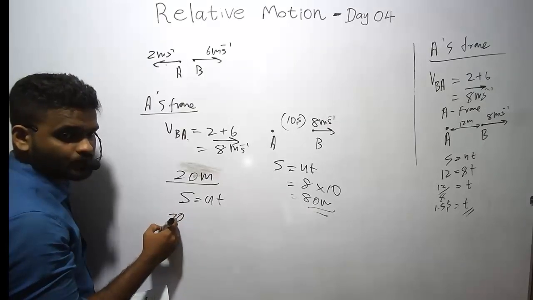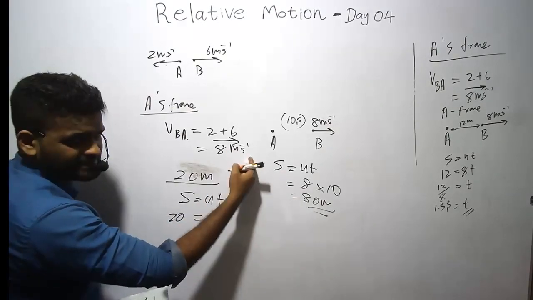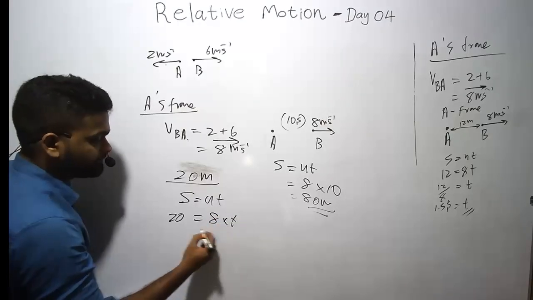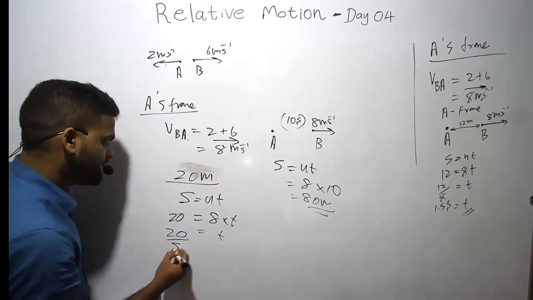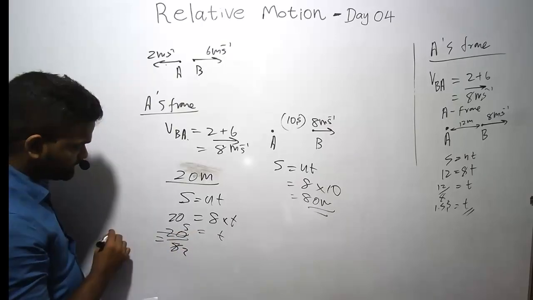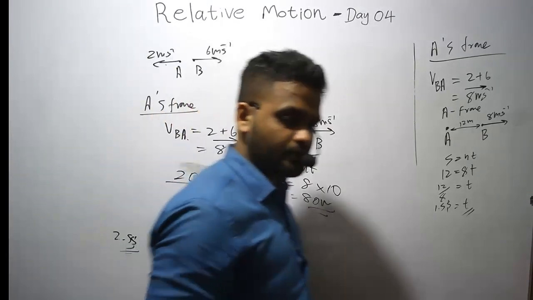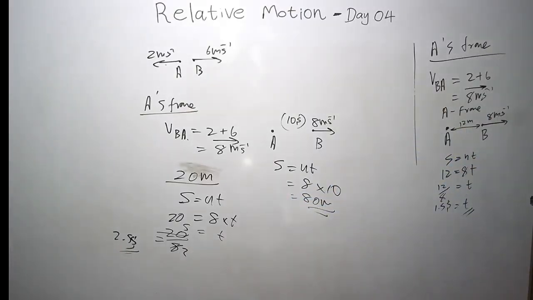Relative to A, gap is 20. Velocity relative to A is still 8, right? Then time. So T equals 20 over 8. We have 5 fourths, and 2 fourths. So 2.5 seconds. So we have to stay 2.5 seconds, take it down. And if you have problems, let me know.